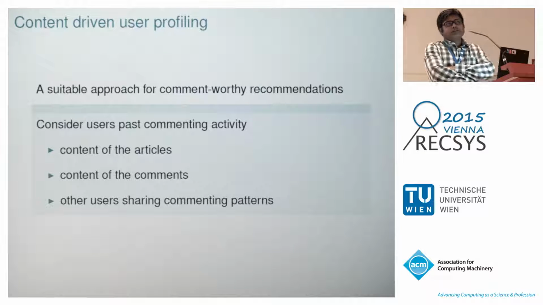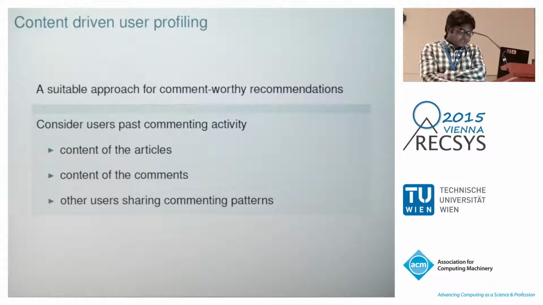A user can be interested in commenting on an article if he is interested in the whole news article, or in a specific part of it, or if he finds that some of his friends have commented on it, which means sharing commenting patterns. So how do we consider these three different aspects in the user profiling? That is the task we'll address.